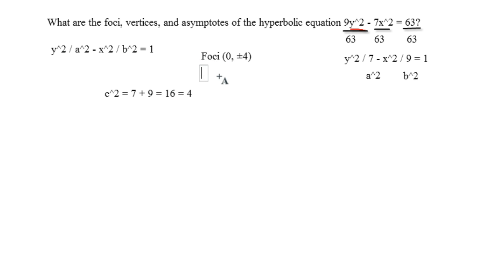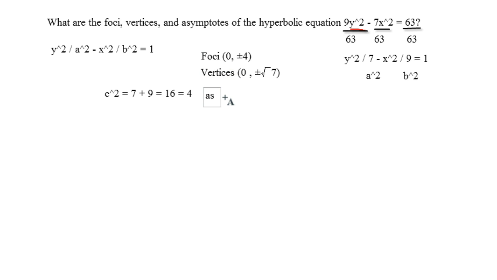Now the vertices are going to be the a's of the group, so it's going to be 0, comma, and now we're going to square root the a, so this is going to be plus or minus the square root of 7. Those are the two vertices.